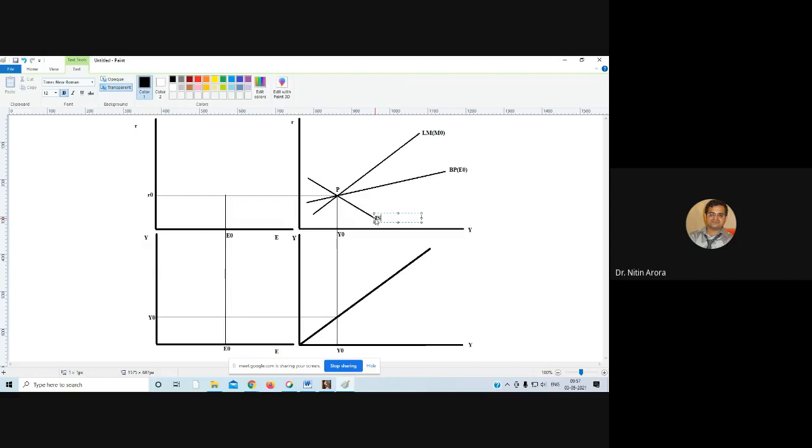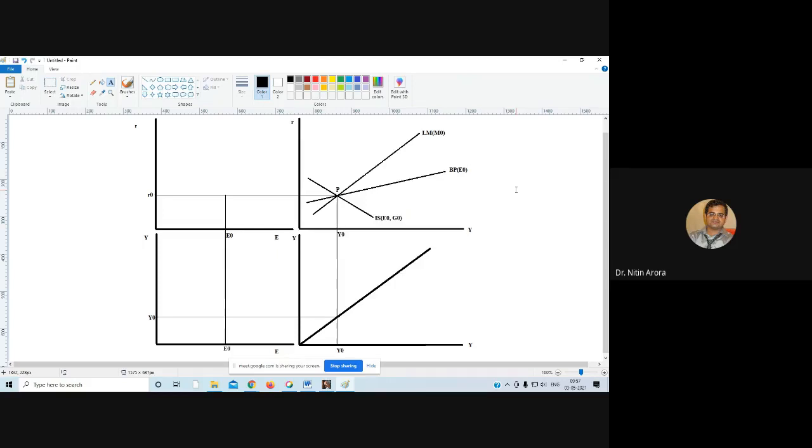Now, this IS is drawn with exchange rate E naught and government expenditure, say, G naught. G naught is the government expenditure. If you have any question, you can discuss, please.